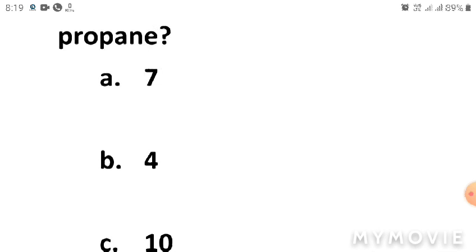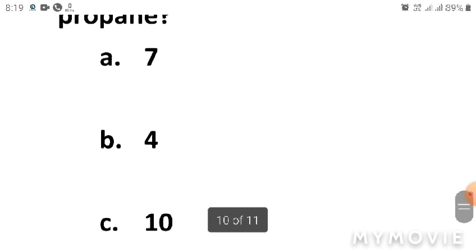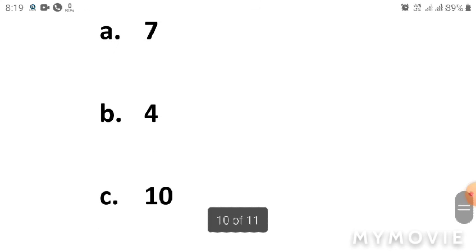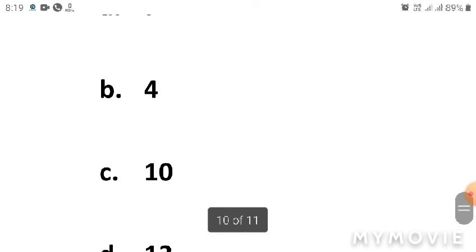In this way, options have been given: A 7, B 4, C 10 and D 14. So first we have to draw the structure and then derive its clear answer. In this way, we easily derive all the answers of the given questions.